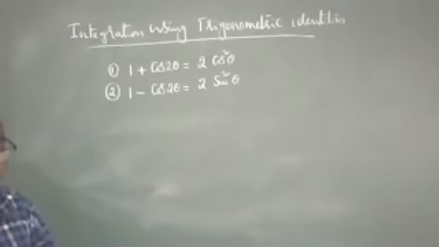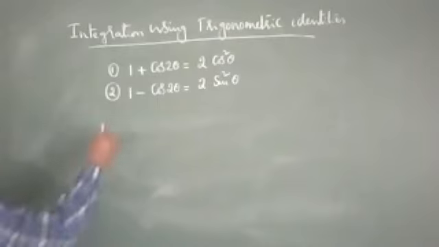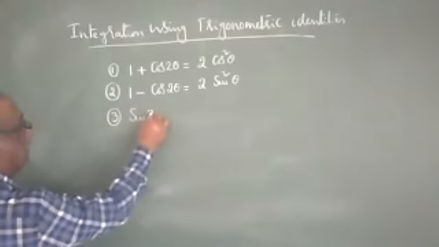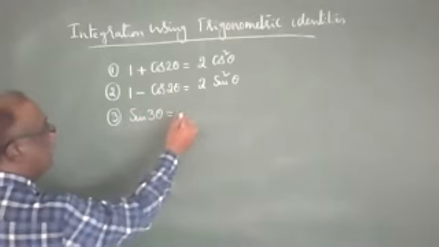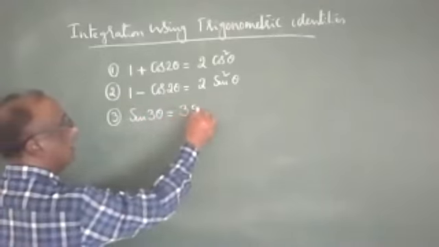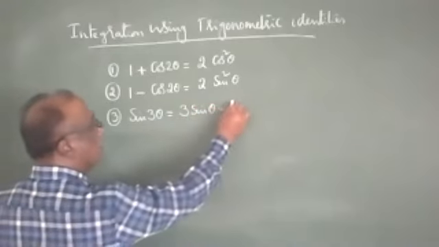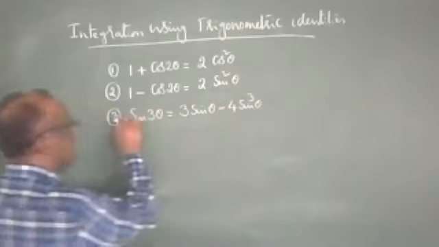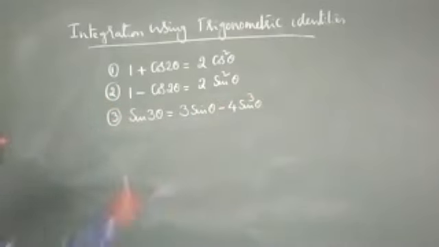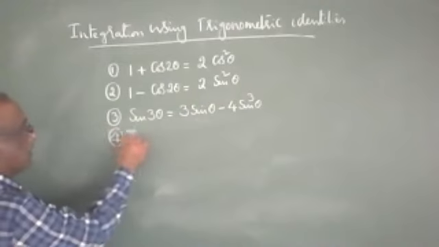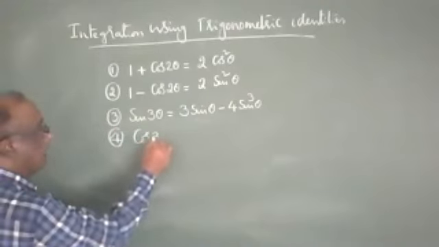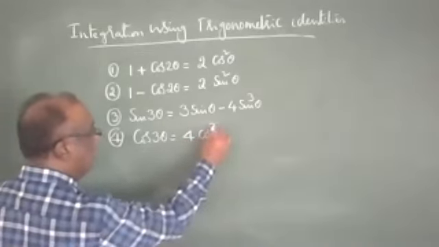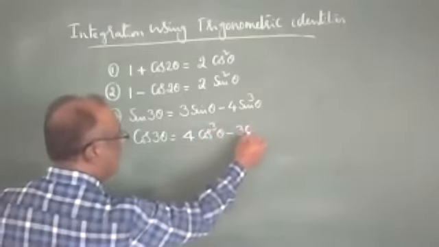Second identity. Next, the third identity: sin of 3 theta formula is 3 sin theta minus 4 sin cube theta. In very rare cases only we can use it. The fourth one is cos of 3 theta formula: 4 cos cube theta minus 3 cos theta.